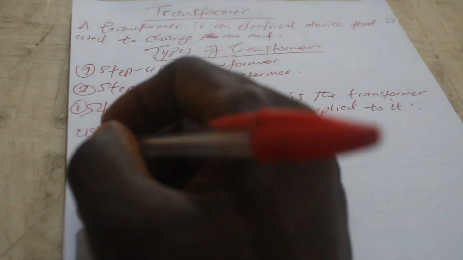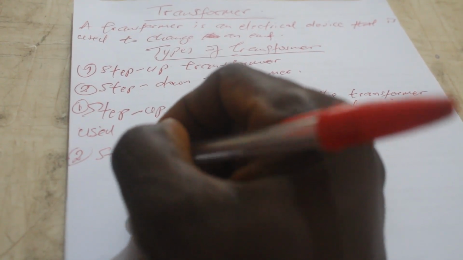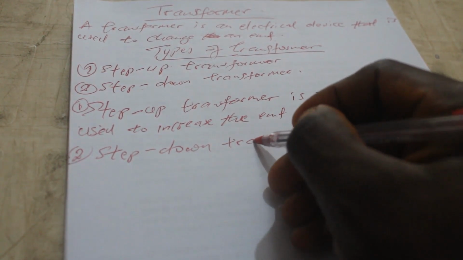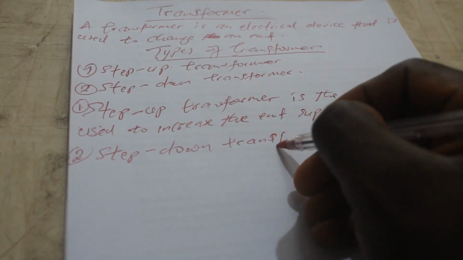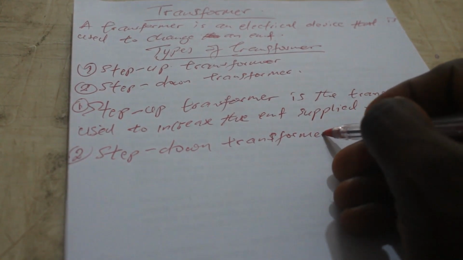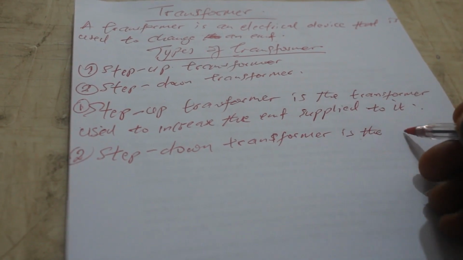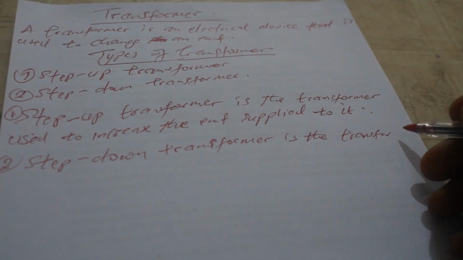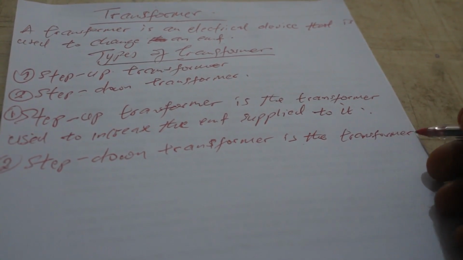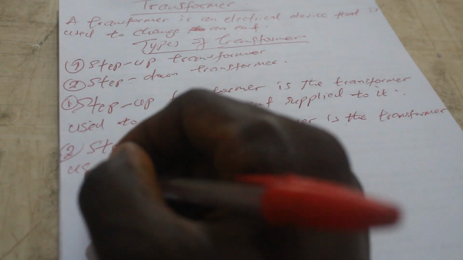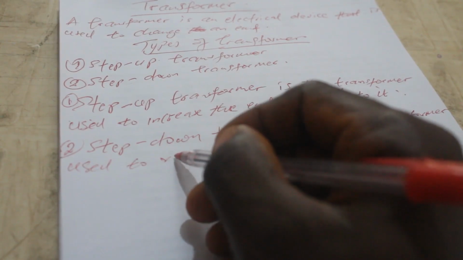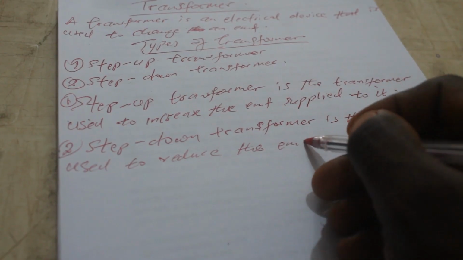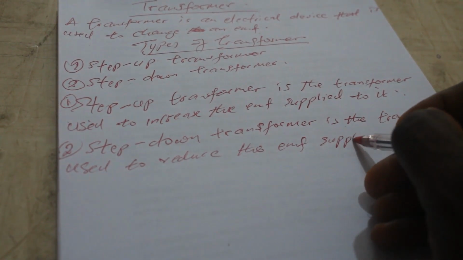While the step-down transformer is the transformer used to reduce the EMF supplied to it.